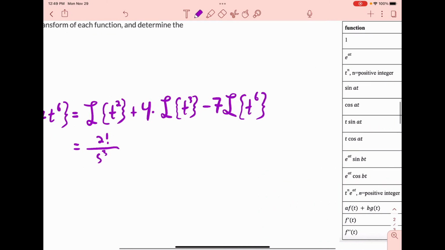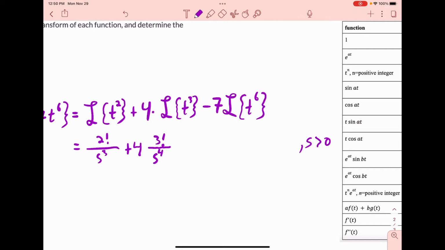And here we need to keep track that s has got to be greater than 0. I'll add that over at the end. We may get other restrictions on our s variable, and we'll combine those all together at the end. All right, continuing, then we have plus 4, just copying from the line above, and now the Laplace transform of t cubed. We're going to use the same formula. T to the power n, we do n factorial, 3 factorial, over s to the n plus 1, so that's s to the 4.